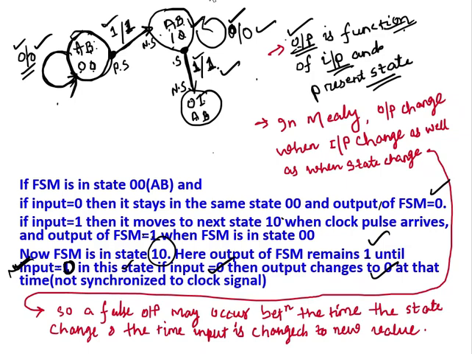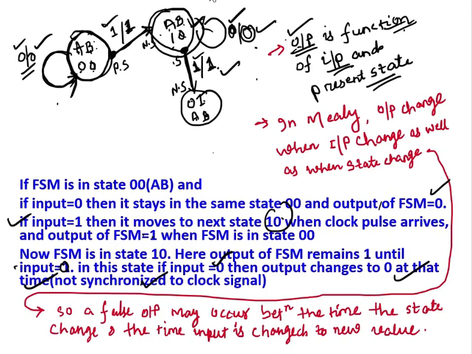But when input 0 comes and the state is AB, then the output of the FSM is 0. And see what I have written here: it will move to next state 1 0 only when the clock pulse arrives. But here it is not depending on the clock pulse. In this state, if input equals 0, then output changes to 0 at that time. It is not synchronized to the clock signal.